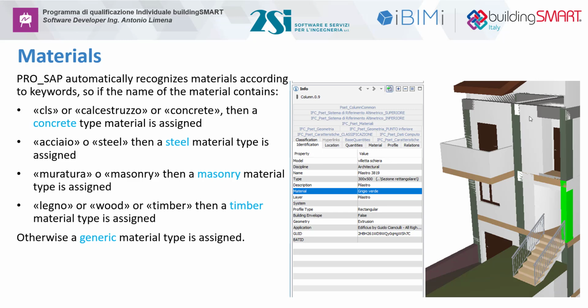Because you are structural engineers, so you're probably going to use IFC files that come from architects or other colleagues. But if it ever happens that you create an IFC file, you're supposed to create it in a logical way in which you assign correct names to the materials. In the example on the right, the architect called the material grigio verde.